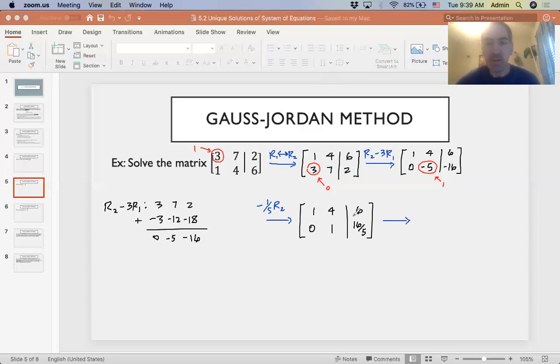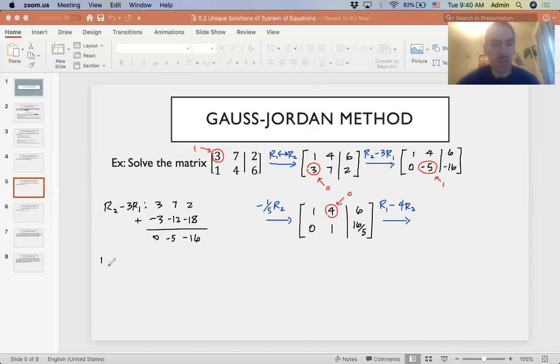All right, so now we have the 1, the pivot. Now we want everything else in the second column to be 0. And so we can do this by adding to row 1 the additive inverse, -4, times row 2, the row with the 1.